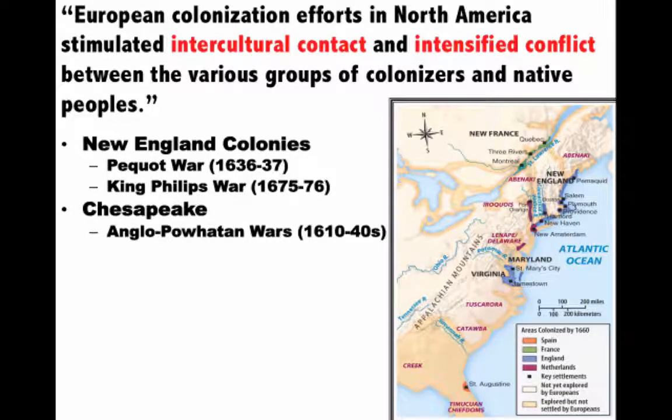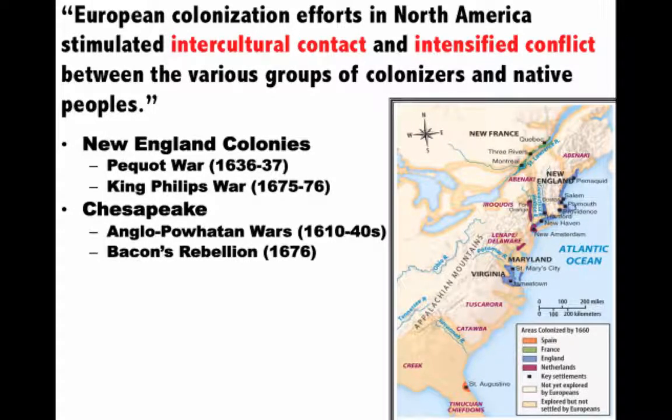In the Chesapeake colonies, you see the Anglo-Powhatan Wars, which take place a series of wars from 1610 to the 1640s, where the colonists in Jamestown in Virginia are resisting and crushing the native people led by Powhatan.